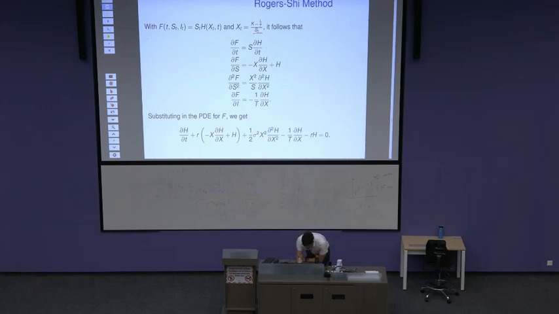On the left-hand side, we have the derivative of f with respect to t. On the right-hand side, we consider the derivative of s times h with respect to t. s does not depend on the time, so we just get s times the derivative of h with respect to t, right? It's just a linear dependence here.